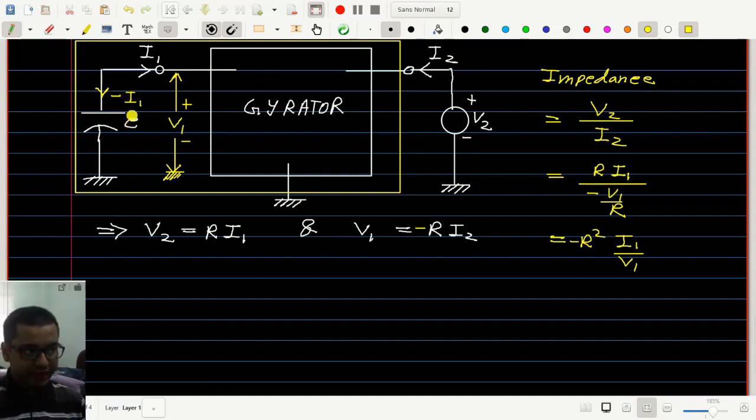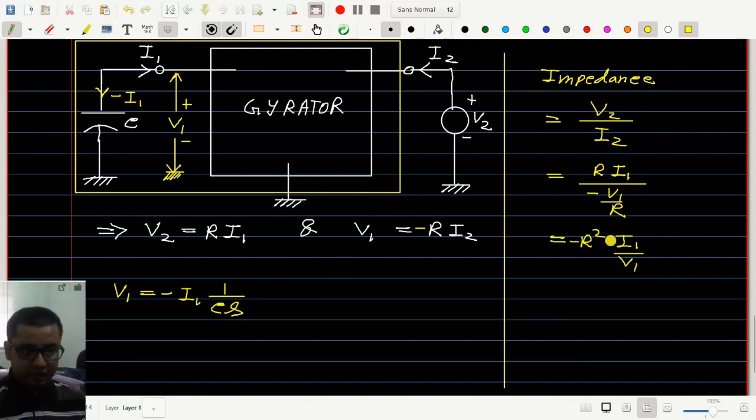Therefore, I can write that V1 is equal to minus I1 multiplied with the impedance of this capacitor, which is 1 over Cs in Laplace domain.